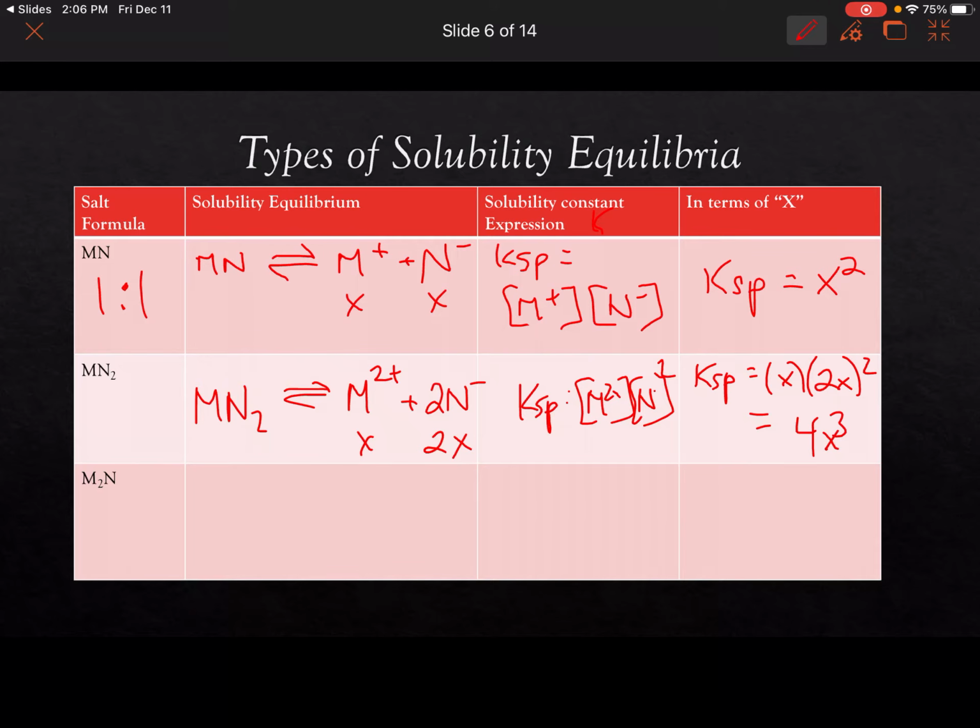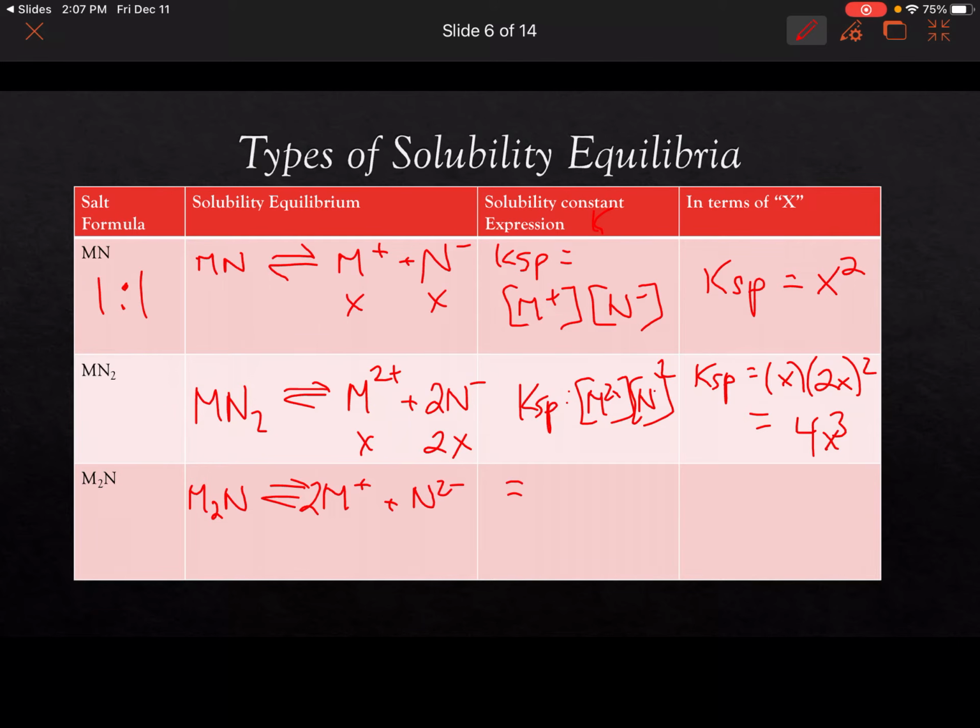Okay, so see, by doing this we can speed it up here. So M2N is our next one. If we have M2N breaking apart, we're going to have 2M plus and N2 minus.